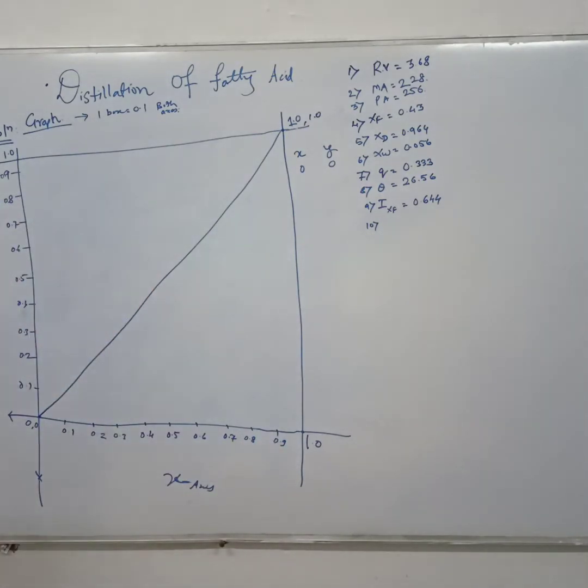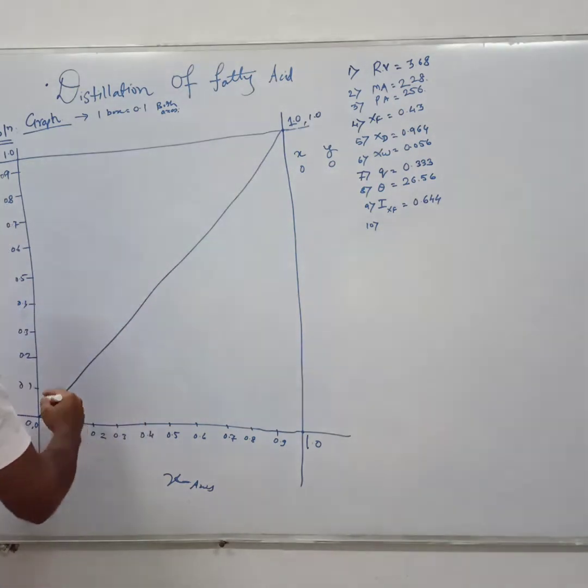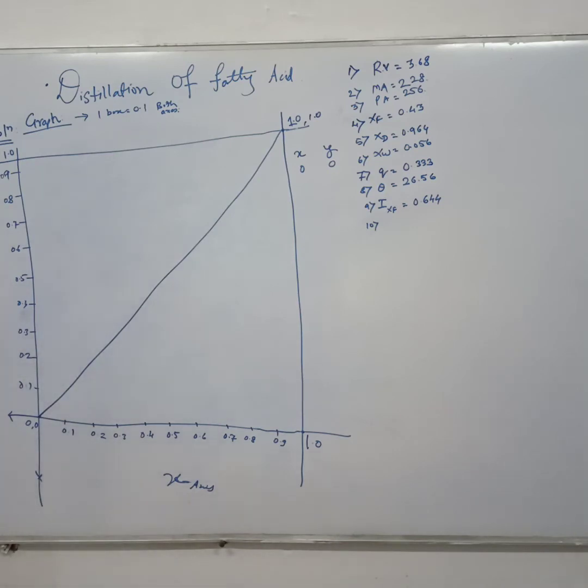Now, by using xy data, we can easily plot the points, and with the help of these points, we can draw our equilibrium curve of our distillation column.